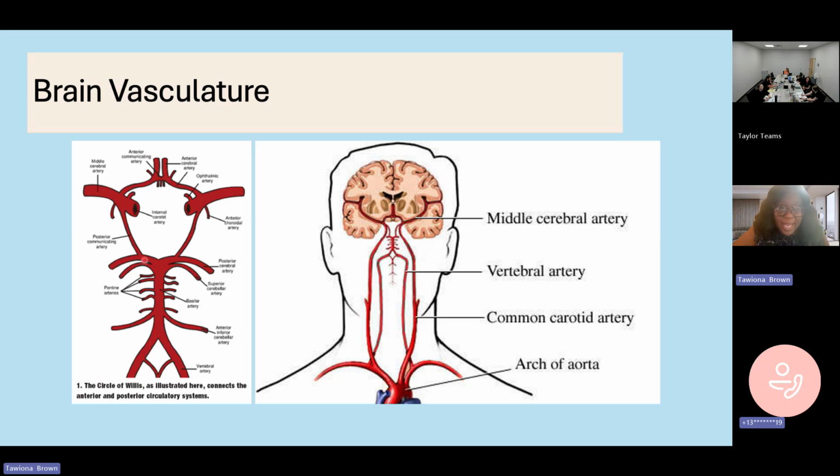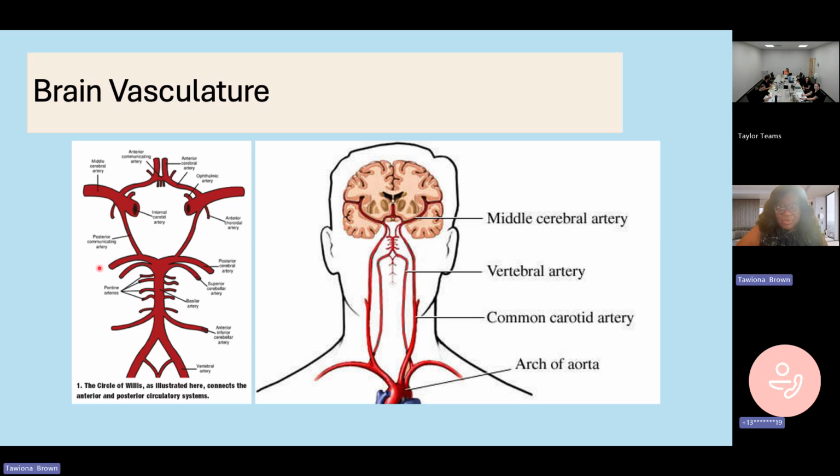Let's say you're not able to get blood up through this part of the posterior communicating artery, thus you're not getting as much blood flow even through the MCA. So what happens is you have a collateral system set up where instead of blood flow going this way because it's blocked, it has another way around to get to that area.